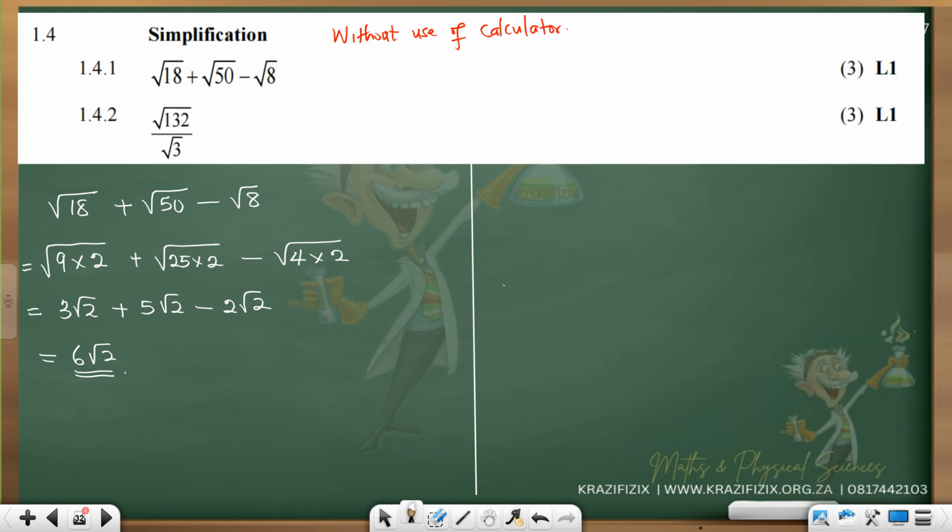All right, the second one, root of 132. So basically, yes, talk to me. Yes, Lusanda? We can also use 3 times 6 plus 10 times 5 minus 4 times 2, right?